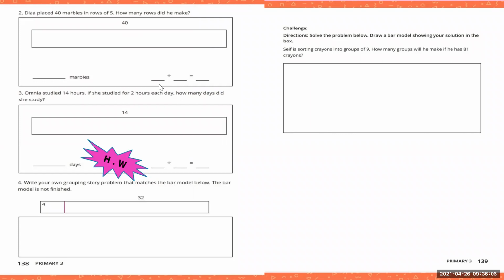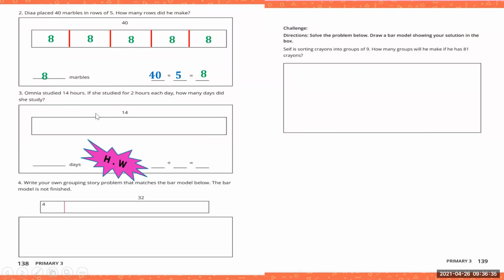So I must put 40 first. The big number must be first. 40 divided by 5 equals 8. If we divide the 40 or our model here into 5 equal parts, each part will take 8 marbles.